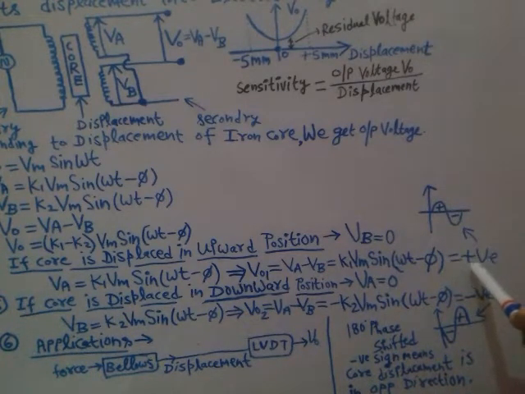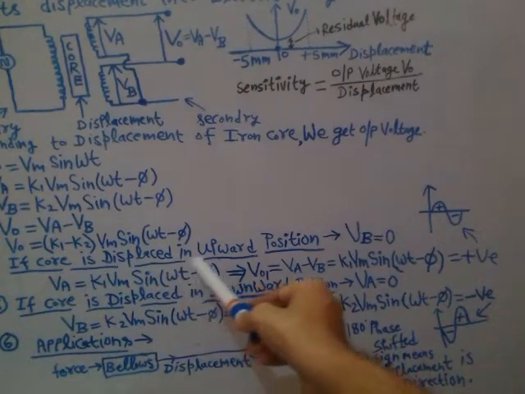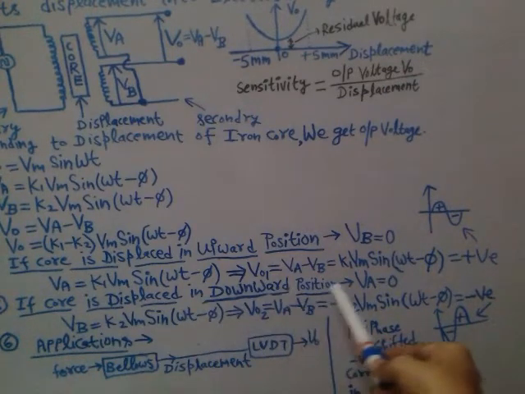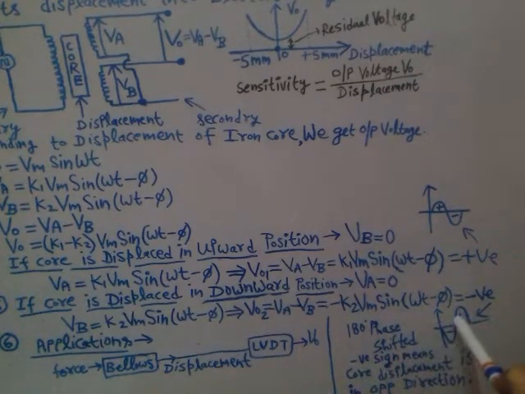Earlier, when the core was displaced in the upward position, you were getting this kind of positive voltage. But now, since you have displaced the core in the downward position, you will get a negative output voltage, that means it is 180 degree phase shifted.